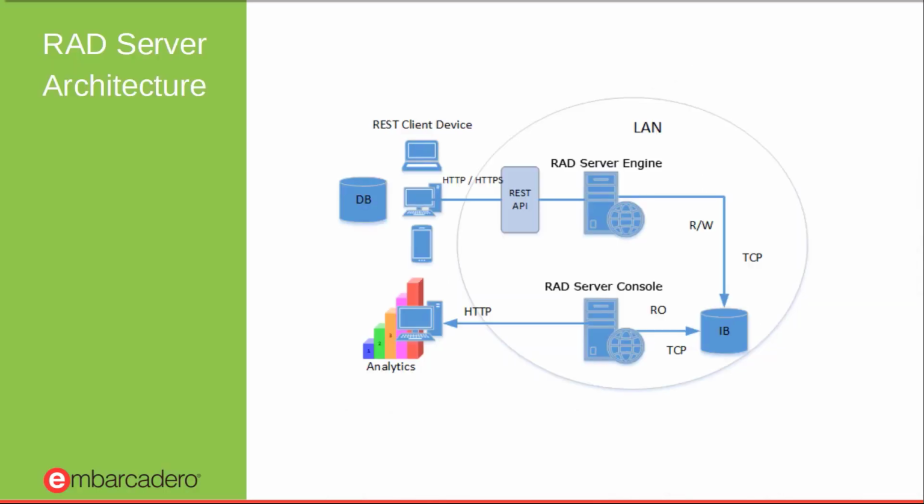To build RAD Server-based applications, you first create your server API endpoints, then you integrate enterprise databases, cloud services, IoT devices, and other services to extend the application. You create your application services and install them into the RAD Server engine.